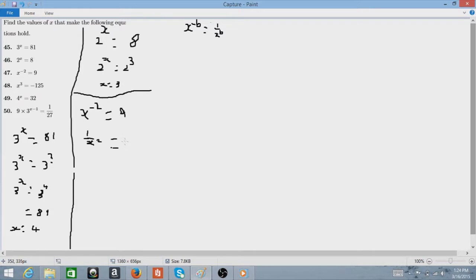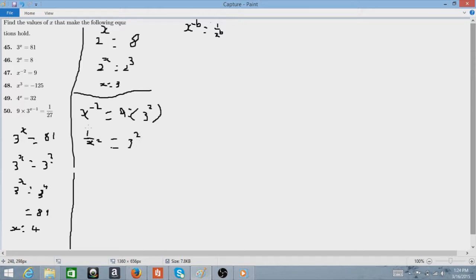Let me explain what I'm talking about here. You see I wrote down here 1 over x to the power of 2. We know that 3 to the power of 2 is equal to 9, right? Same thing, so let's write it back here, 3 to the power of 2.